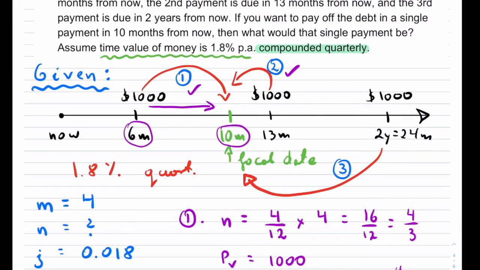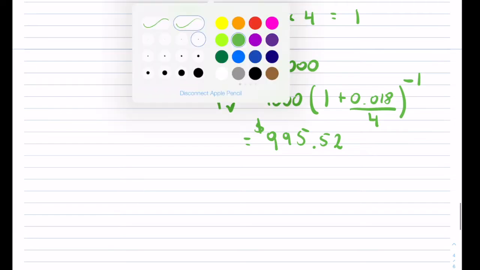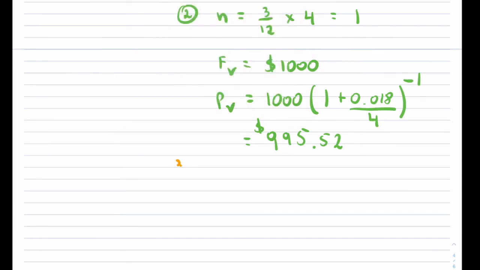Now, number three. Again, I'm moving money back, but now I'm going from 24 months to 10 months. That's 14 months that I am moving. So for number three, my n equals, again, from 24 to 10.